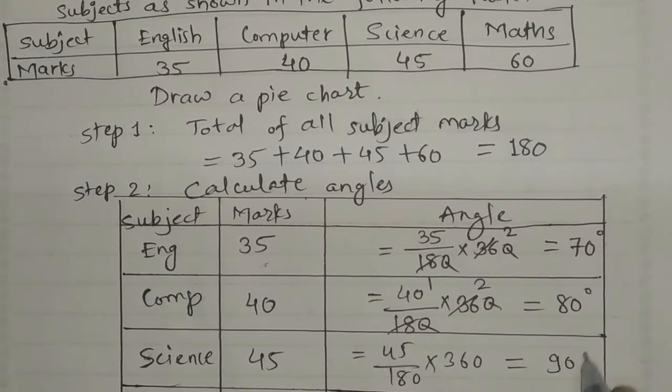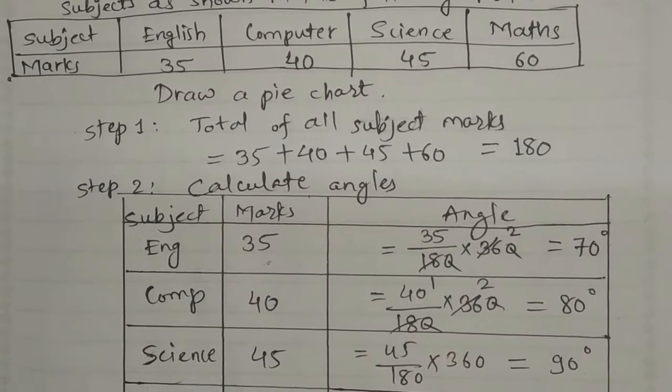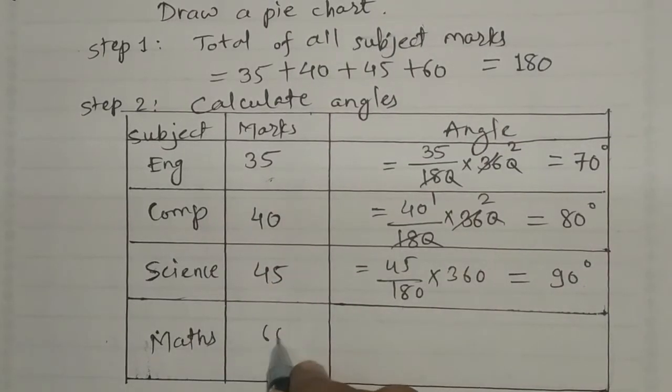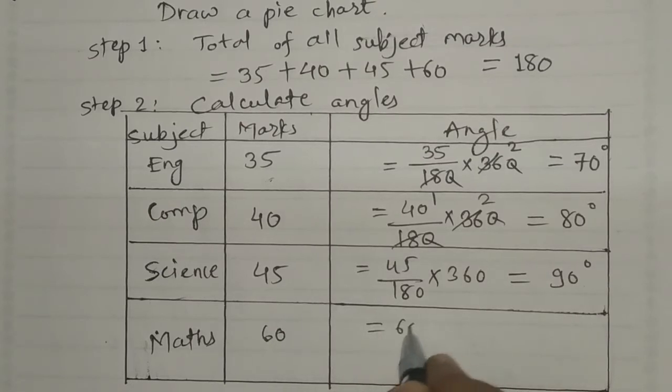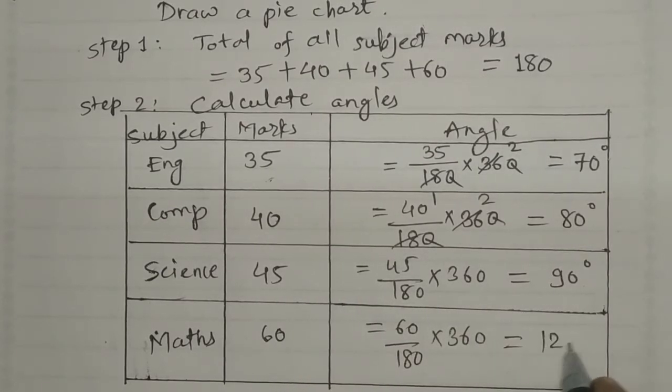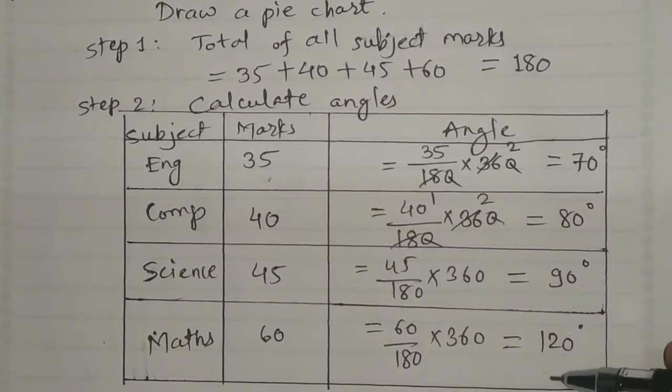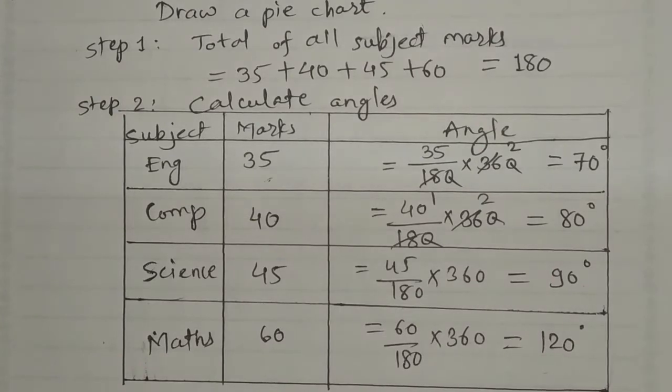So we'll get 90 degrees. And next we have maths. For the maths, we are going to get 120 degrees after this calculation. If you sum up all these, you are going to get the complete angle.